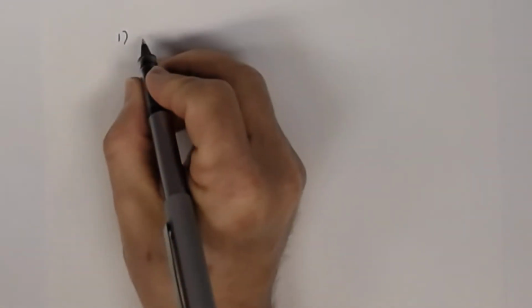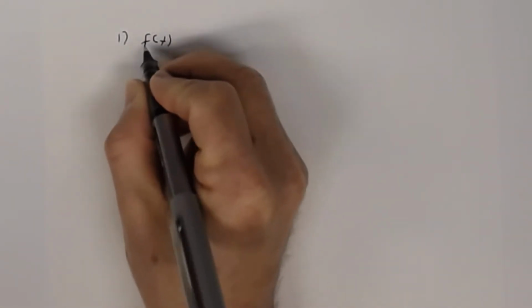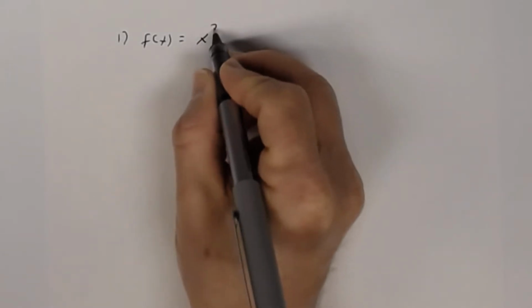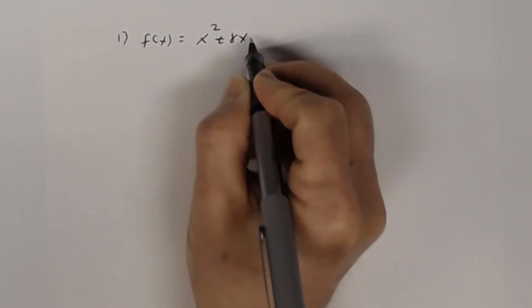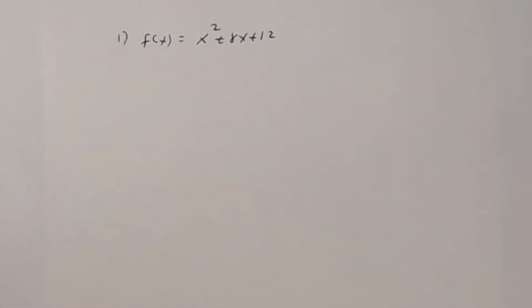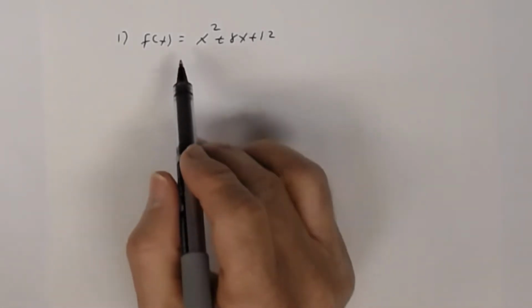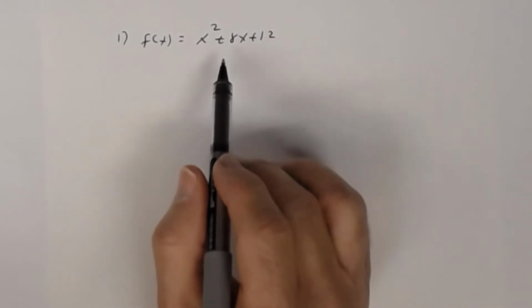So number 1, let's suppose we're going to start out with a simple example. f of x equal x squared plus 8x plus 12. All right, and so you want to rewrite this in vertex form.